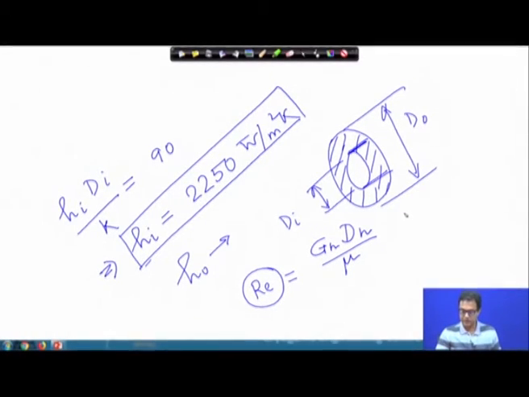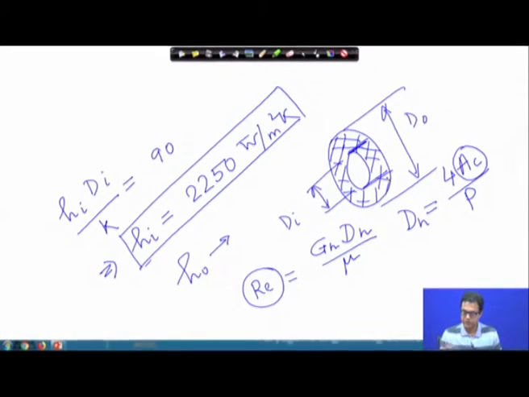From the basic definition of the hydraulic diameter, we know this is 4 A_c by the wetted perimeter. What is A_c? This is the cross sectional area through which the flow is taking place.